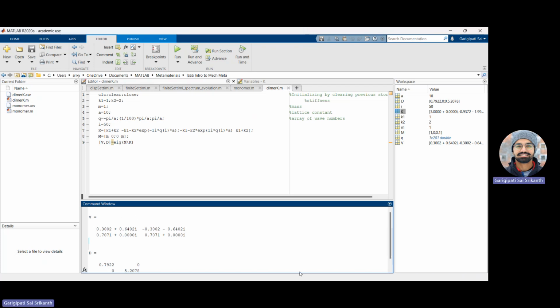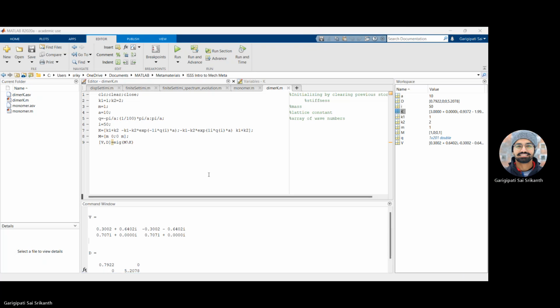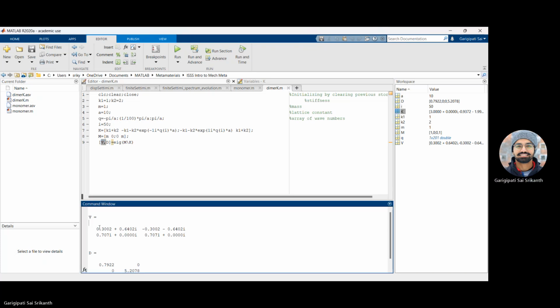Within the eigenvectors, it's important to note the order. So this V, the eigenvectors are columns, like each column is an eigenvector.